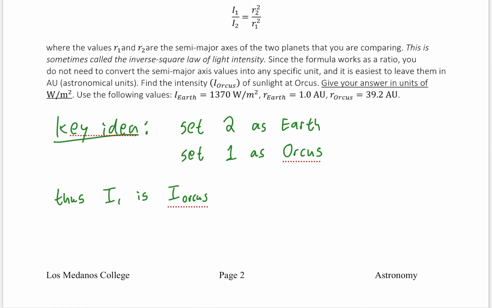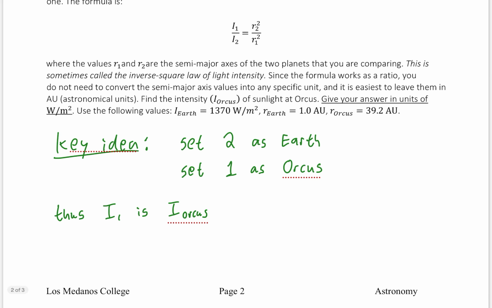Anything with a 2 refers to Earth. And so then we'll be able to directly algebraically solve for I1 with direct substitution. So then I'll just say, and then directly solve for I1, which you can read as I Orcus, but it's simpler to write just I1, right? With simple algebra.